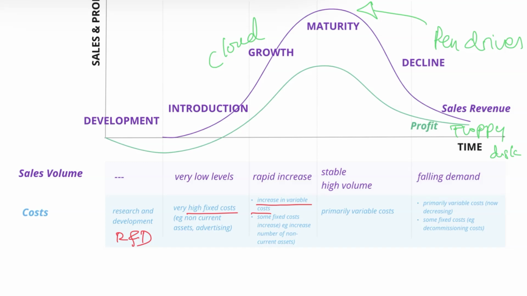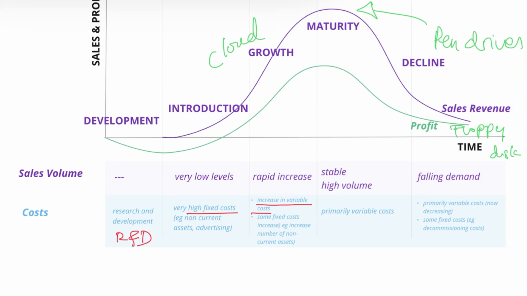And now at maturity stage, our main cost, because most likely we have covered all our fixed cost. Our fixed cost may be our research and development cost, initial cost of purchasing machinery to produce this product. So all of this is covered because we sold enough units at growth. So maturity stage, you have a stable and high volume of sales.